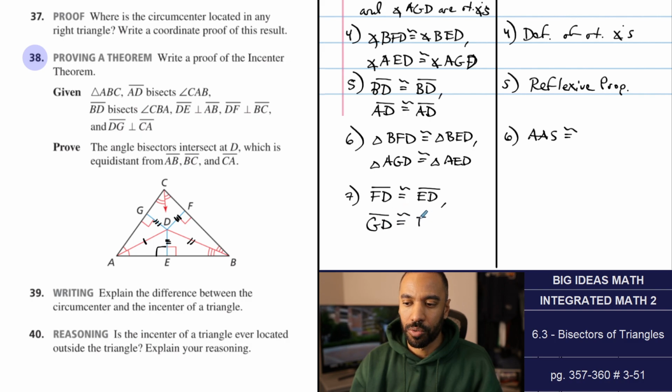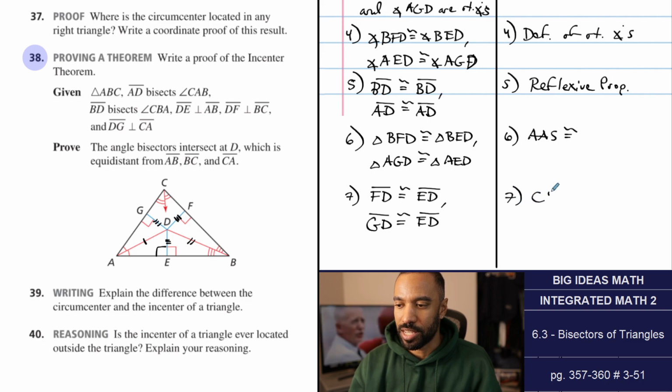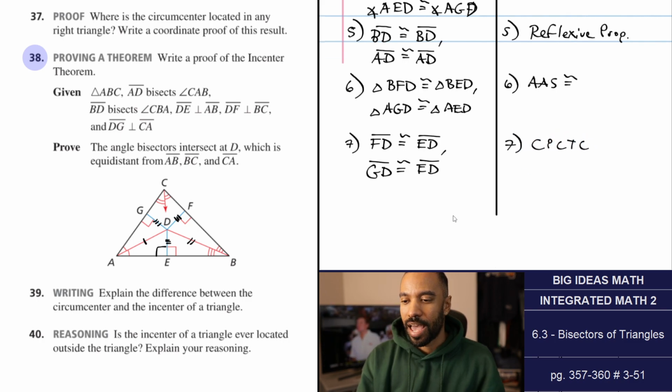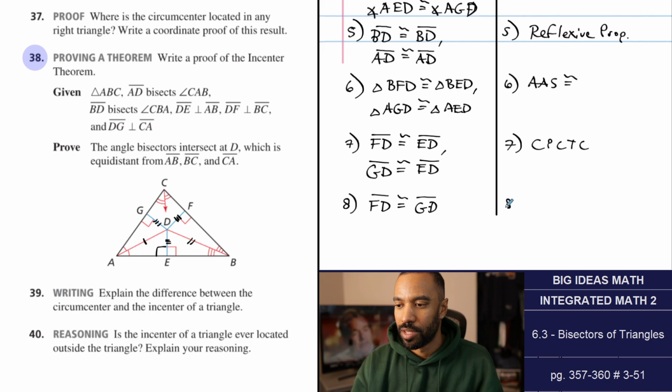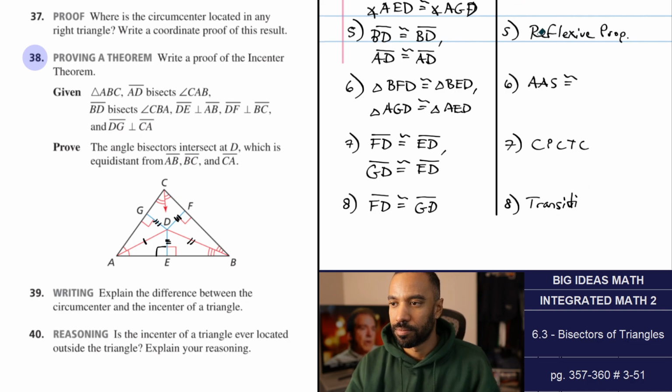They're both congruent to ED by CPCTC. And notice that also means FG must be congruent to GD as well by extension. That's why I get to mark them all the same. FD congruent to GD. They're all congruent to each other by transitive property of congruence.